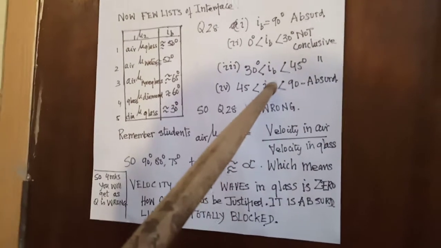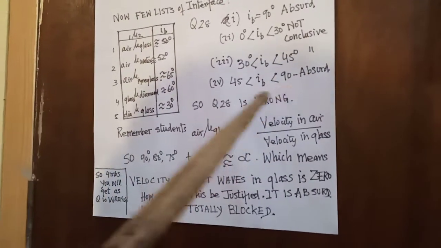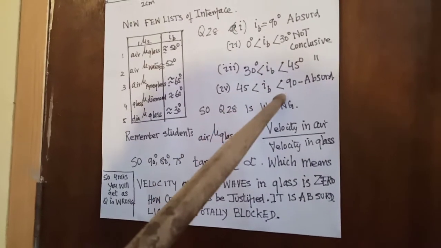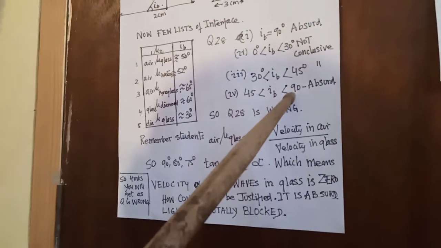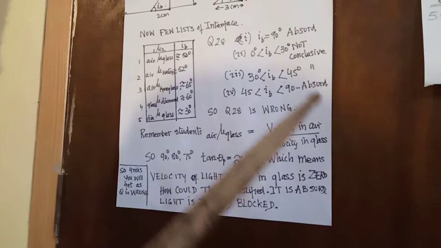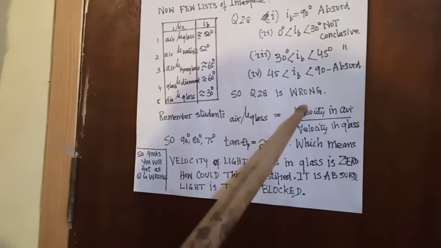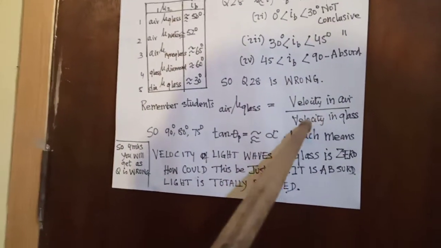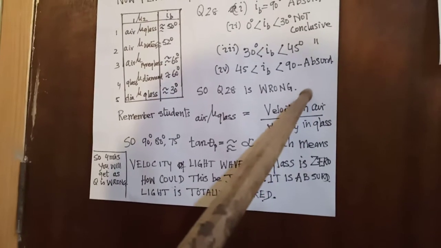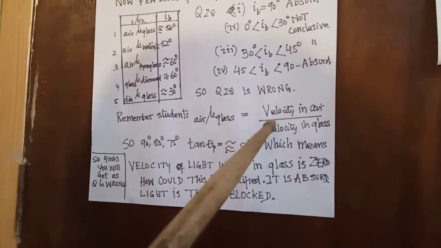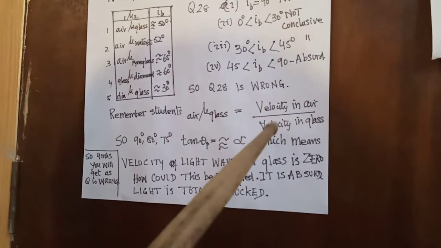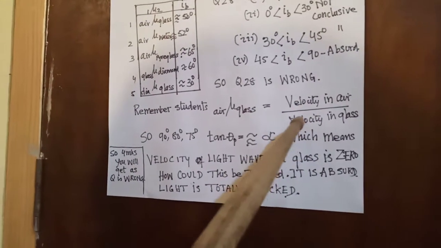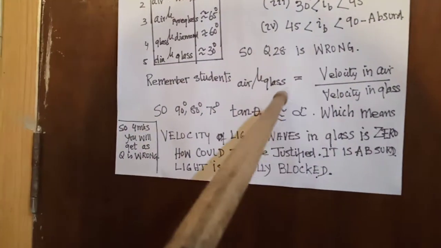You know why? Because tan 80 is almost infinity. So if tan IB is infinity, it means the velocity in the second medium will be 0. What does 0 mean? That means it is nothing but an opaque medium, which is not possible.